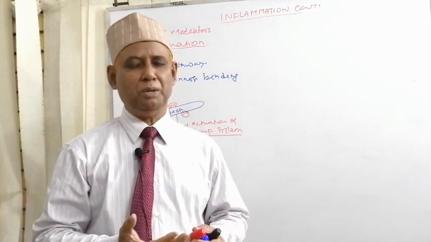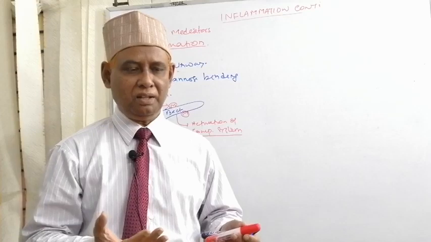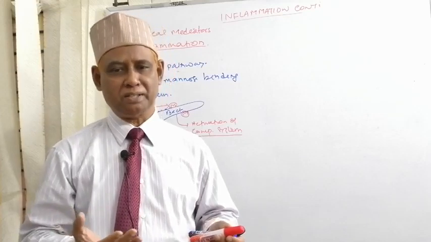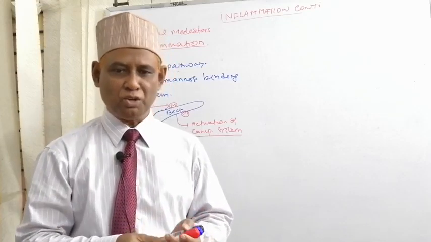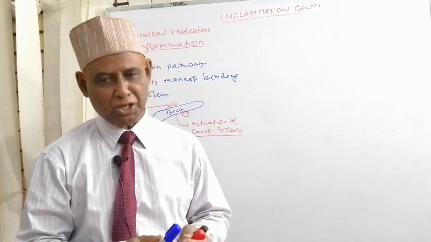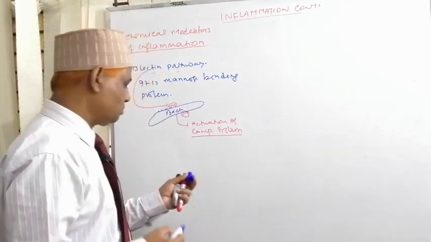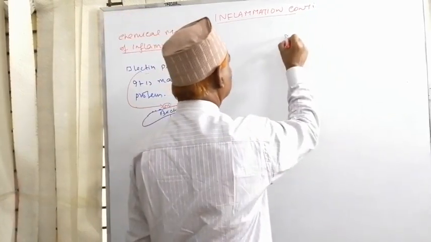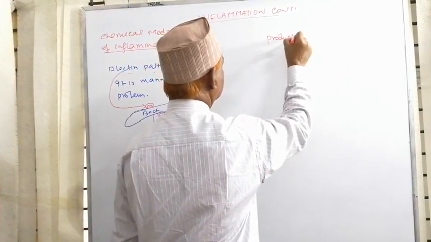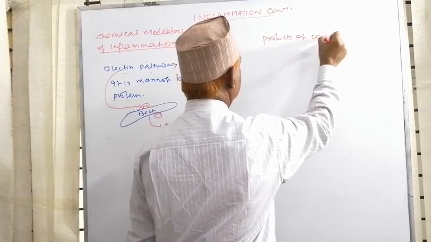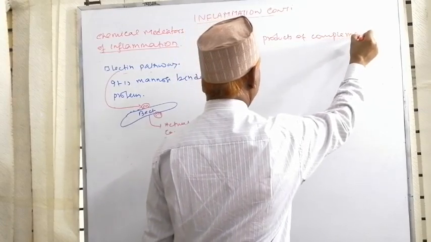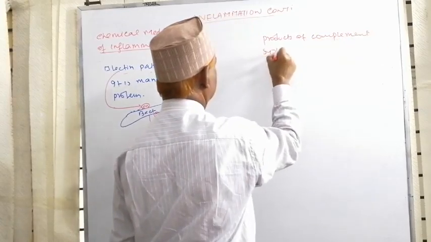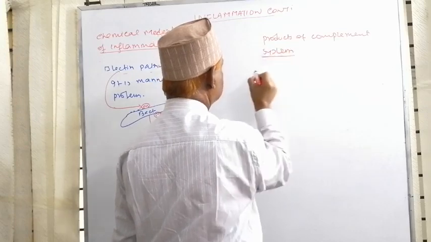If the complement system is activated by any way, there is production of certain products. These are called products of complement system after the activation of complement. So now come to the products of complement system. What are the products?